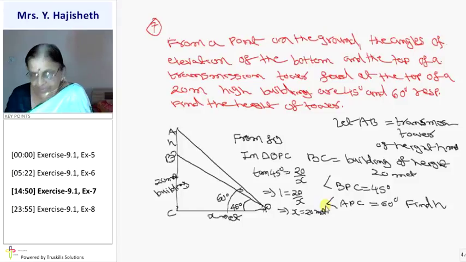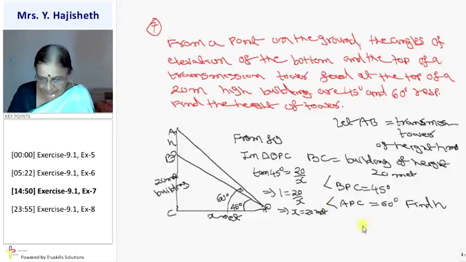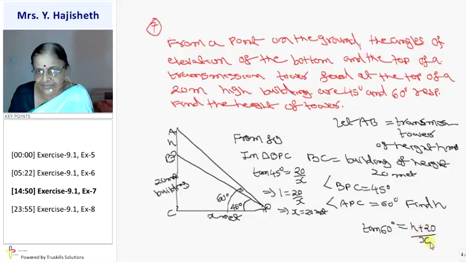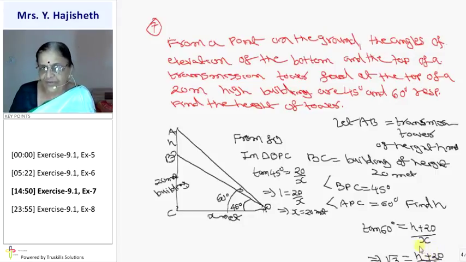Now what will I take second from the figure? tan 60. What will come for tan 60? Triangle APC. tan 60 will be AC upon PC. And AC upon PC is h plus 20 upon x, where PC is x. Now tan 60 is root 3. h I don't know, but x I know, it is 20. I write it again.